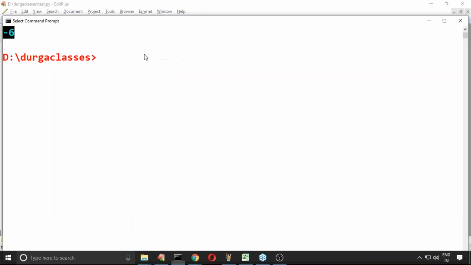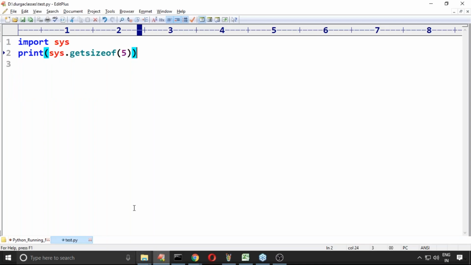Now observe that if I execute this code, how many bits? Anyone, can you please tell? In Python the size of the data type is not fixed. Then how many bits? 28 bits are reserved to represent a 5 in memory. Any doubt?